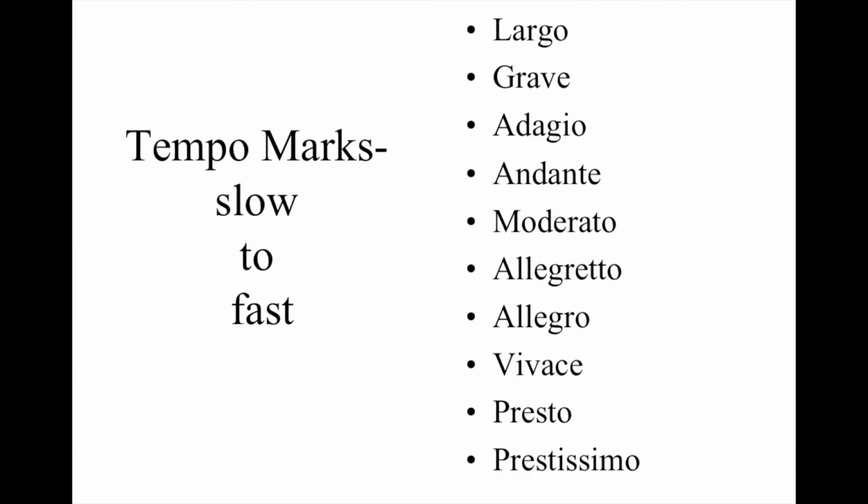Moderato, moderately. Allegretto, a little fast. Allegro actually means quickly and happily. Vivace, lively. Presto, fast. Prestissimo, you remember issimo is a superlative ending in Italian, so prestissimo is about as fast as you can stand. If it says prestissimo, be ready to move along.